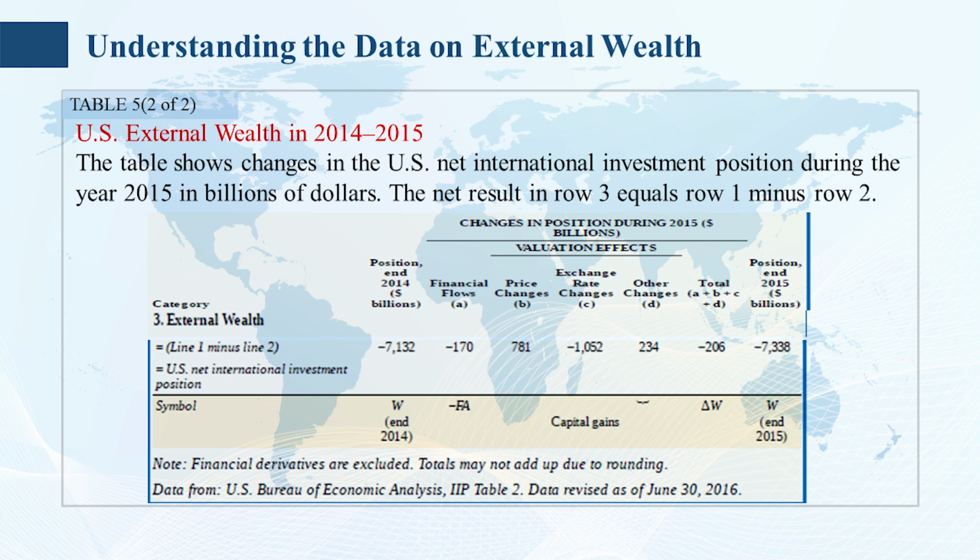Yet, the total change in external wealth shown on line 3 was minus $206 billion in that year due to combined valuation effects and other changes of minus $36 billion in columns B, C, and D, which lowered U.S. external wealth even more over the same period.